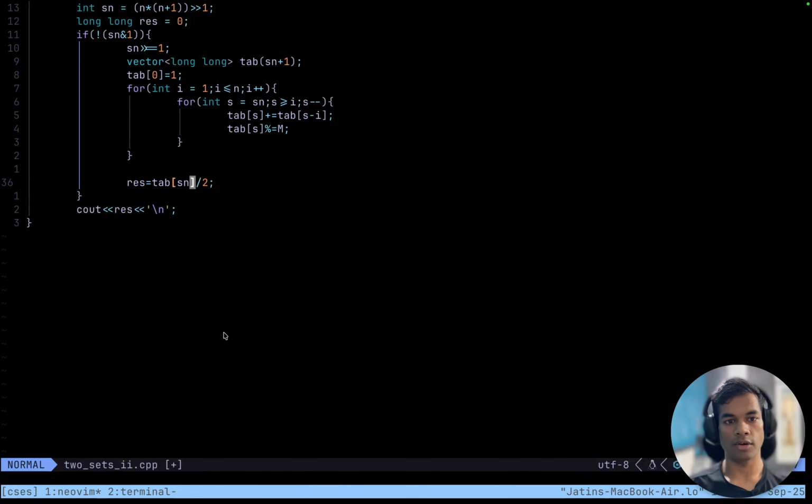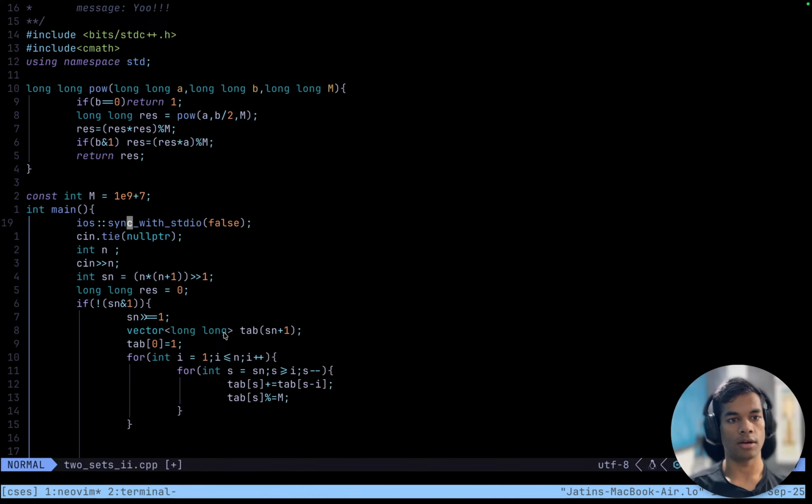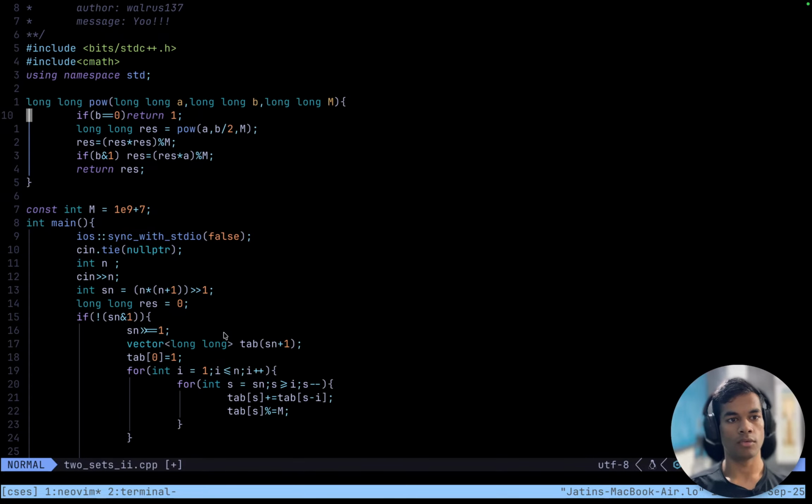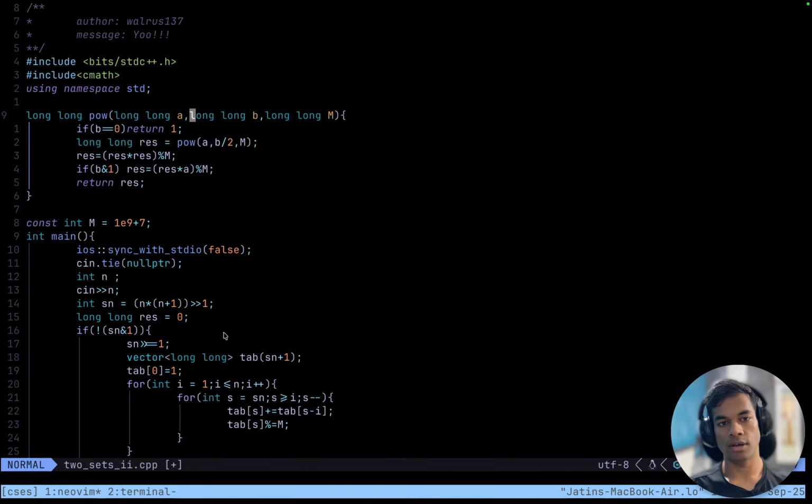So here, instead of dividing this thing by 2, we have to divide by the modular inverse of 2. And above I have written a function which takes a number a, raises it to a power of b and gives its modulo m.